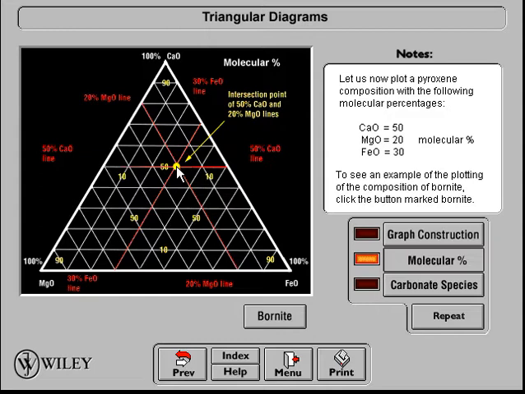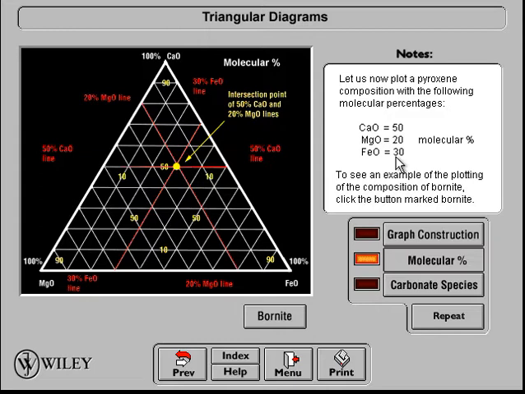Let us plot a pyroxene composition with the following molecular percentage. We have 50% calcium oxide, we have 20% magnesium oxide, and we have 30% iron oxide. Such a composition exists.